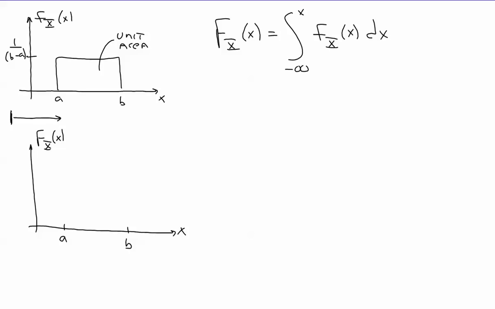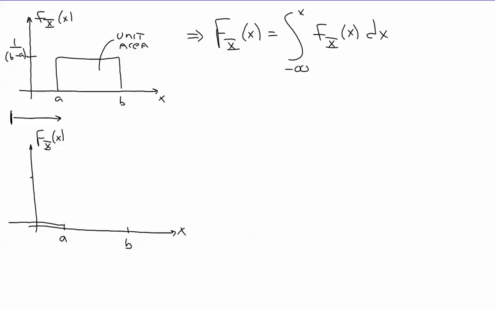I know that below, to the left of x equals A, there's no area that's accumulated in my integral up here. And I know that cumulative distribution functions must approach 0 at minus infinity. So I'll just kind of draw this. This is meant to be 0.